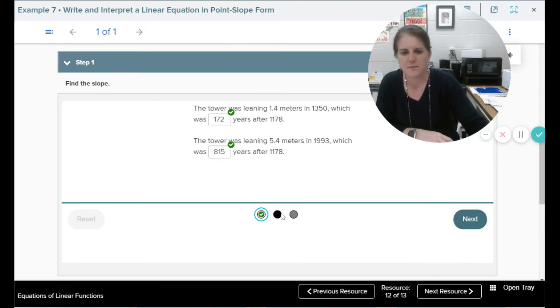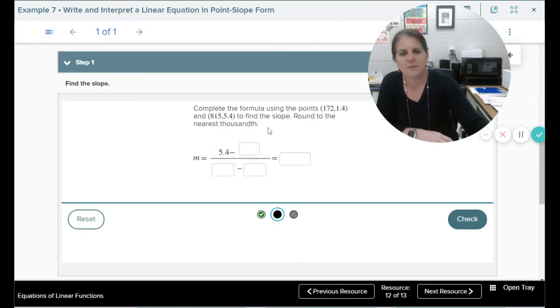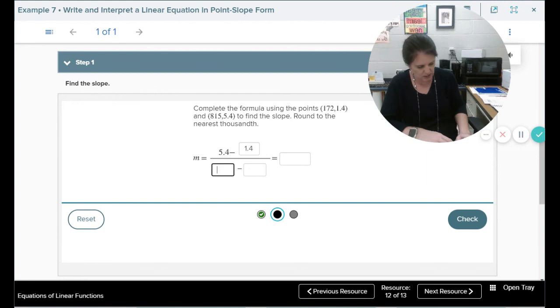Okay, so next part says complete the formula using the points (172, 1.4) and (815, 5.4) to find the slope. So change in y, so minus 1.4, over change in x. Let's see here, what's my change in x? So it went from 815 to 172.